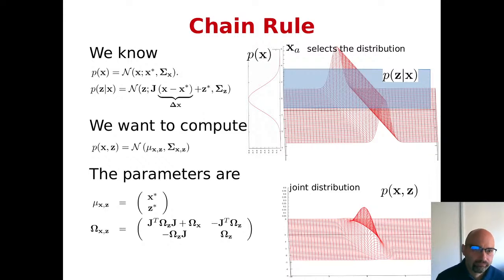But it's equivalent to the other. The one can be obtained by the other. Our task in applying the chain rule, I recall, is to calculate the joint distribution over the state and the measurements, which will be then a vector of dimension the dimension of x plus the dimension of the whole measurement set z. So this is not one measurement, this is all of them.